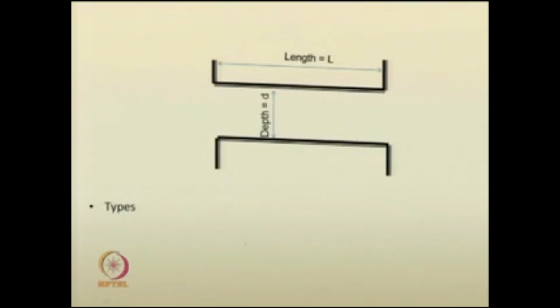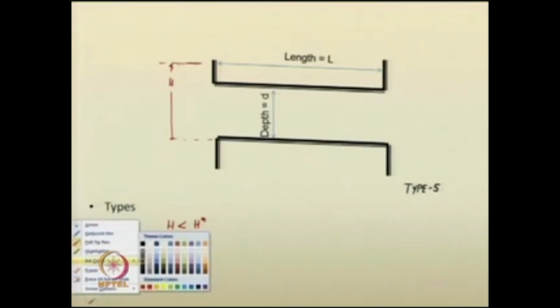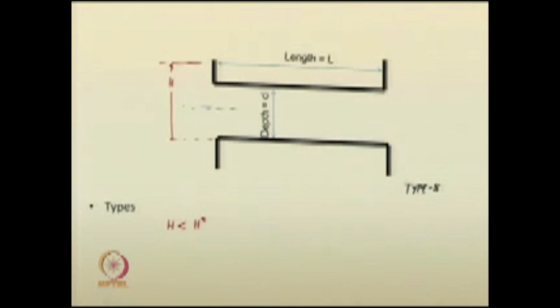Next one is type 5. Let me write this as type 5 here. In type 5 flows, what happens is that your depth of flow H, the headwater or upstream H, is less than H star. You have a critical flow depth line, you can just draw it for the culvert.